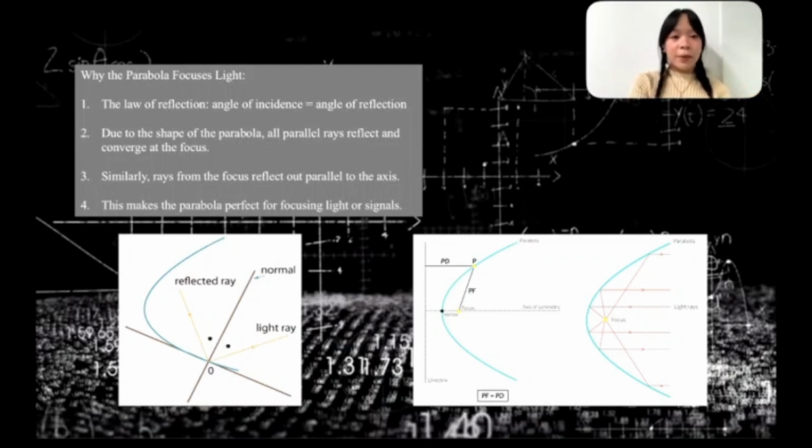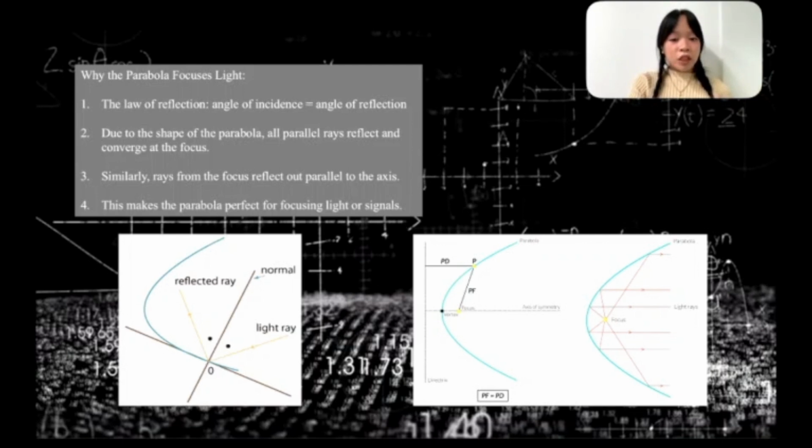This law states that the angle of incidence is equal to the angle of reflection. In other words, when a light ray hits a reflective surface, it always bounces off at the same angle at which it arrives, measured relative to the normal to the surface. This law applies to all reflective surfaces.